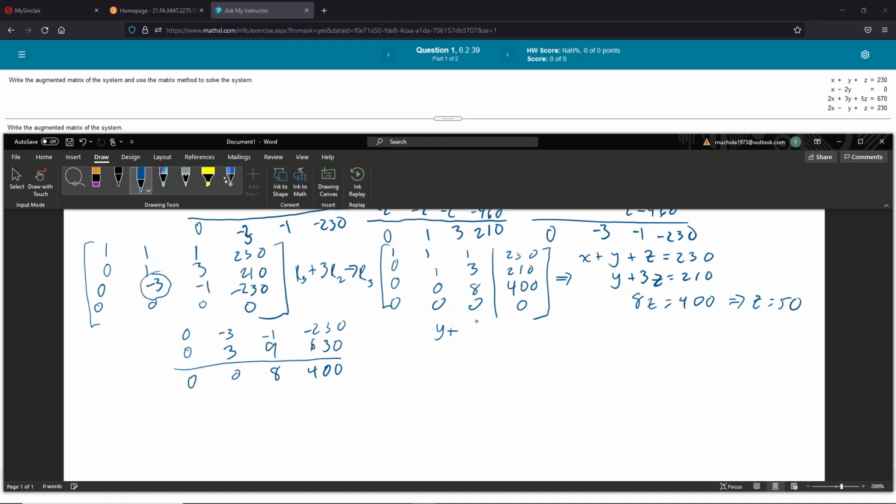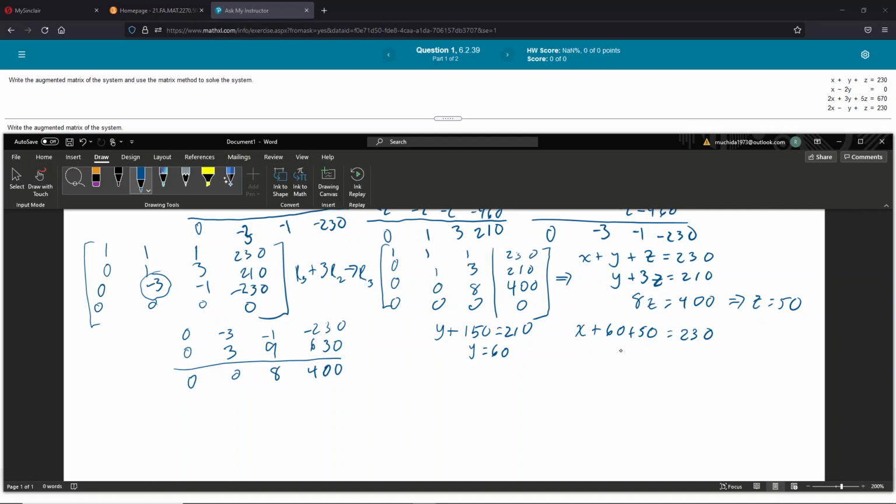Once we know z is 50, plug that into the second equation. We have y plus 3 times 50, so y plus 150 equals 210. Solve for y by subtracting 150 from both sides, and we get y equals 60. Once we know y is 60 and z is 50, plug those into the first equation: x plus 60 plus 50 equals 230.